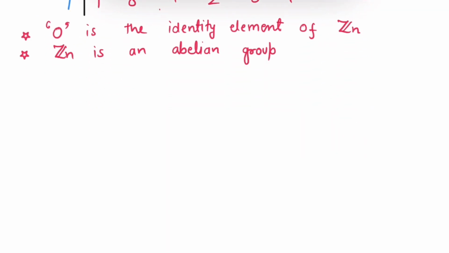I hope everything is clear to you till now. Now let us see how the Zn group is a cyclic group.